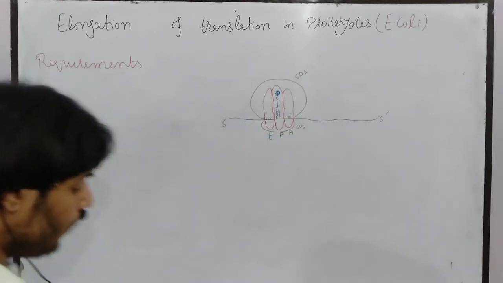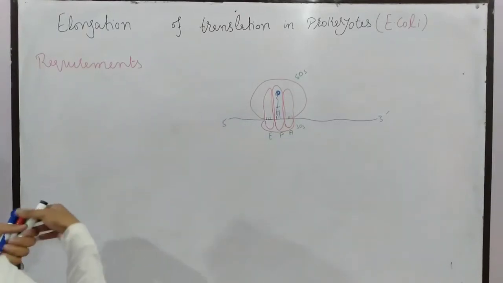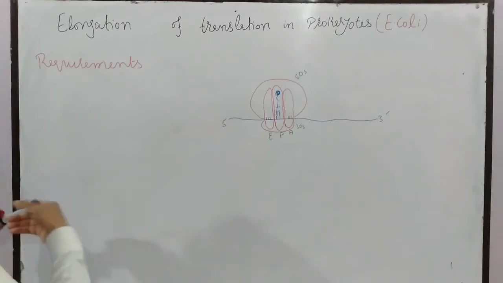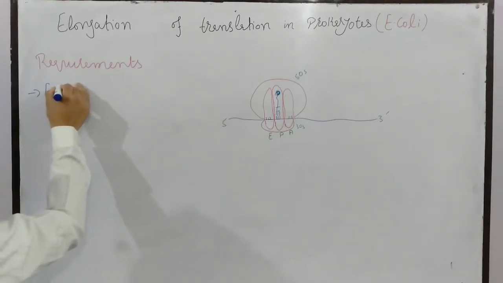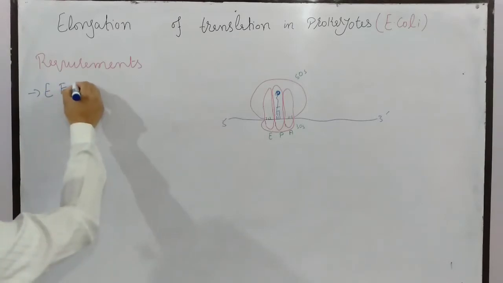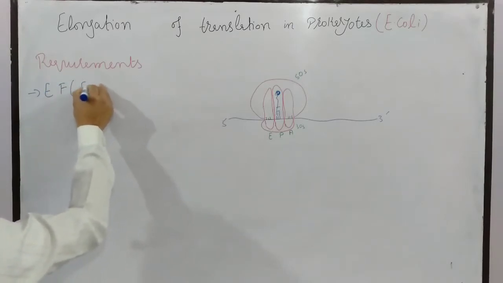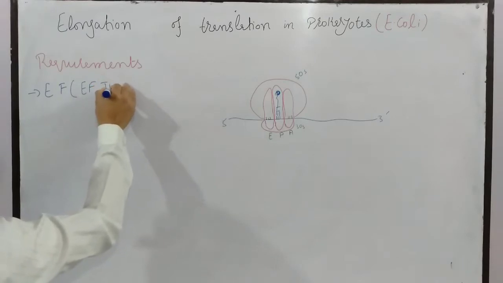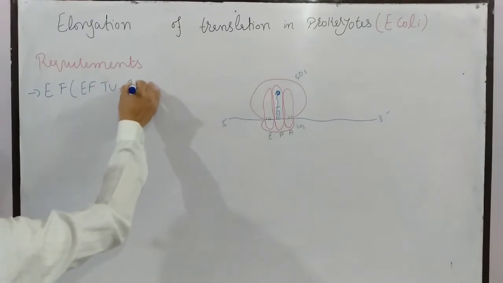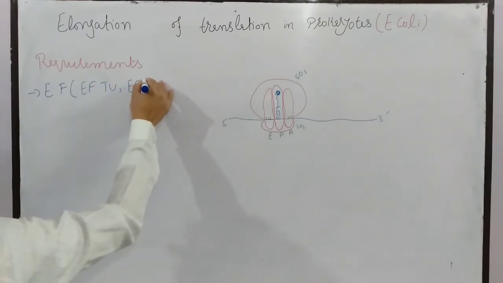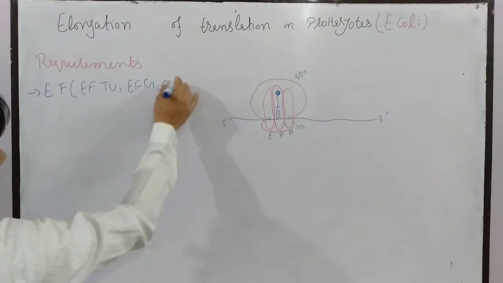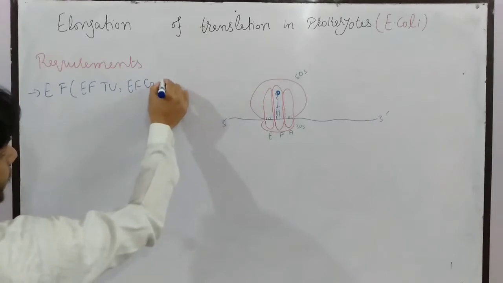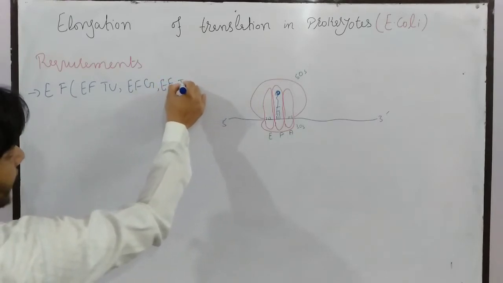Along with this, we also require the elongation factors. So let me write elongation factor. In elongation factors, we mainly require elongation factor Tu, elongation factor G, and elongation factor Ts.